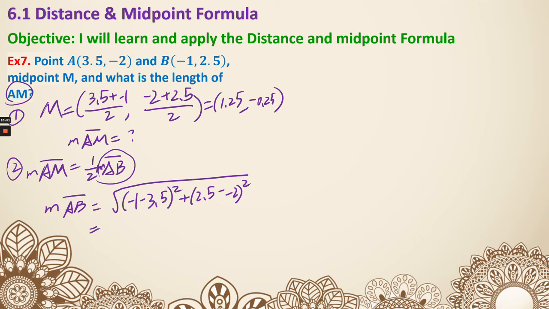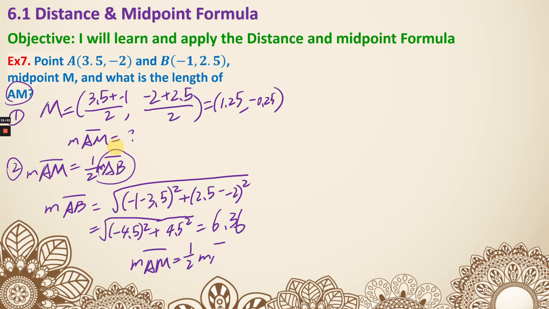So I got square root of -4.5 squared plus 4.5 squared. After simplifying, that is going to give me 6.36. That means AM, which is half of AB, is going to be half of 6.36, which is 3.18.